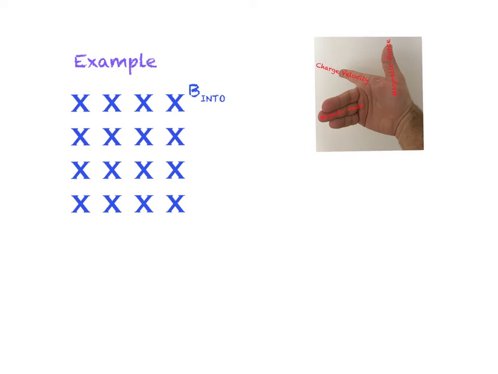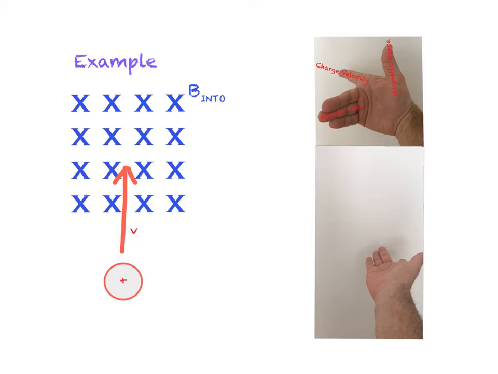Let's start with an example that we used in the last video. Here I have a magnetic field directed into the screen. We represent this with the X's. I also have a velocity vector pointing up, perpendicular to the magnetic field. Now, if I use my right-hand rule, I know that I need to point my 3 fingers into the screen to mimic the magnetic field lines.